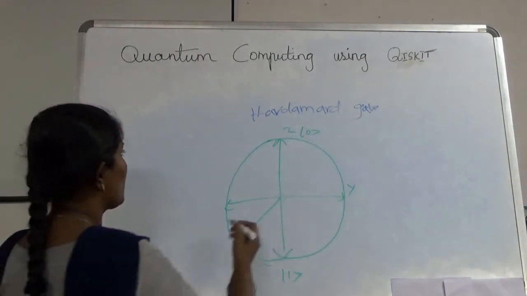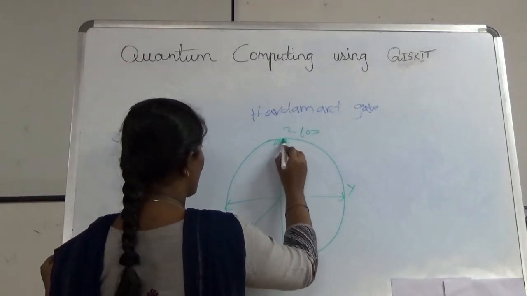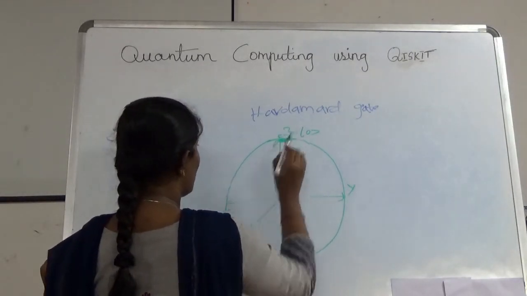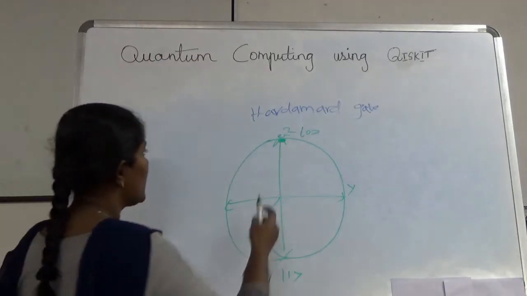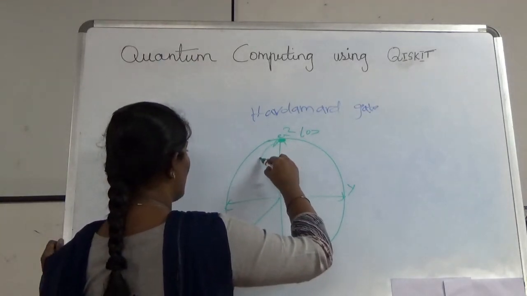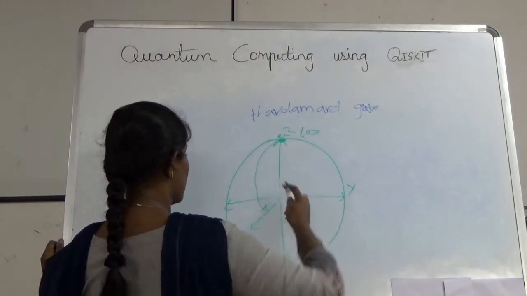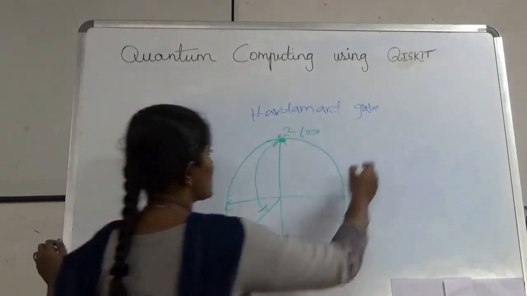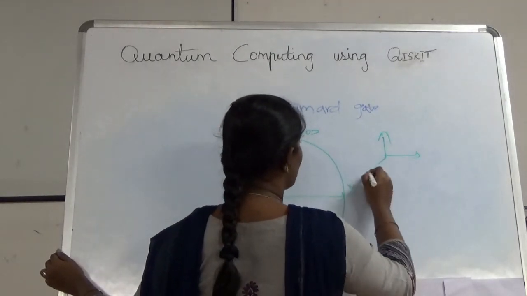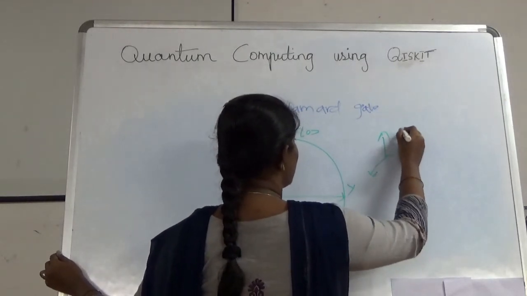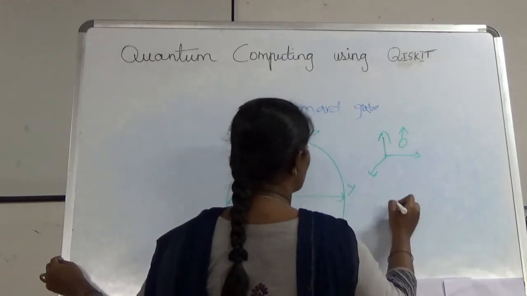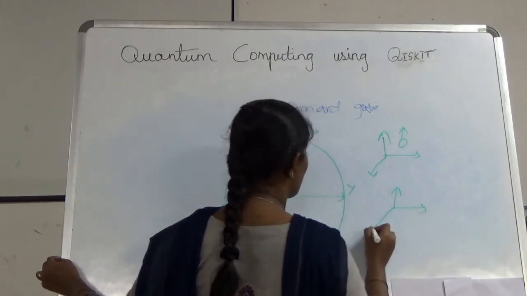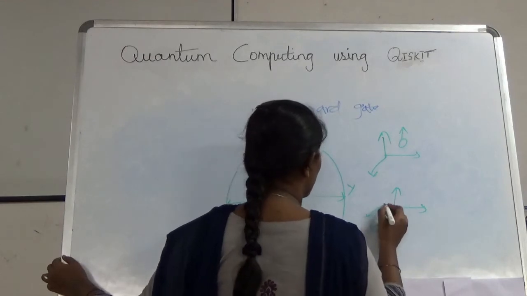In this, if the electron is in 0 position, that is, if the electron is here, and we apply the Hadamard gate, the electron will be flipped and go to the plus state. That is, the electron which corresponds to the z-axis will move corresponding to the x-axis.